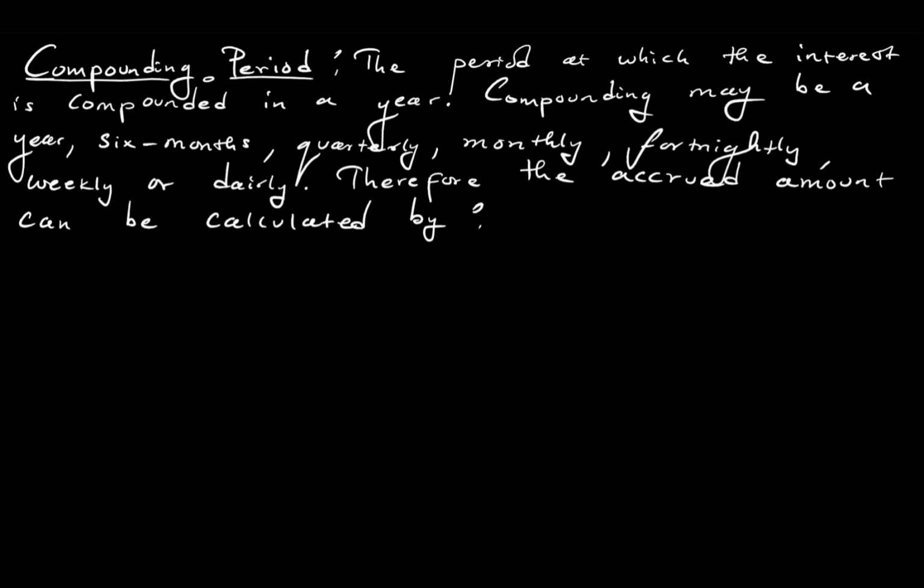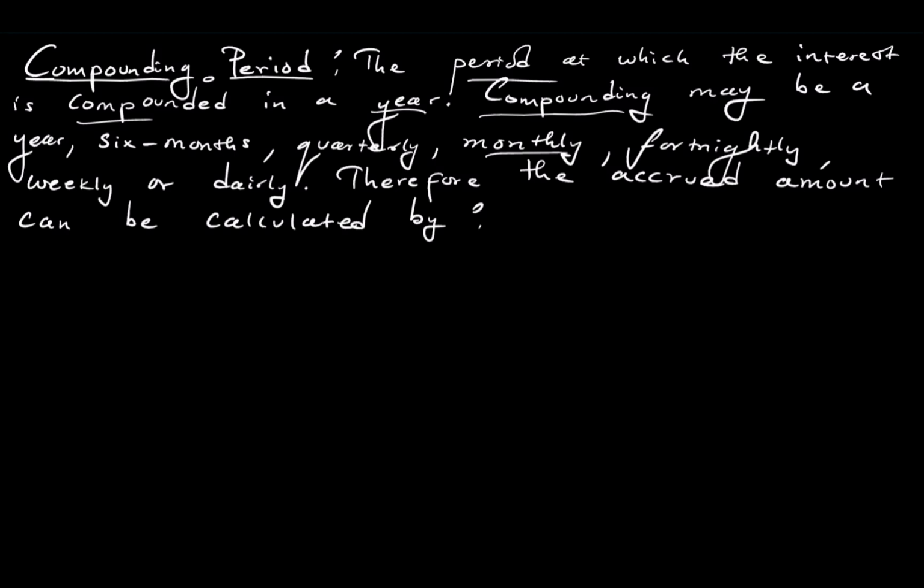A compounding period is basically the period at which the interest is compounded in a year. When we talk about compounding, it may be yearly, it could be every 6 months, it could be quarterly, which is basically like 4, it could be monthly, it could be fortnightly, which is like 14, could be weekly or daily.